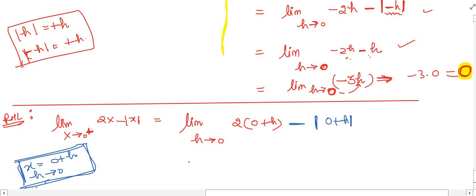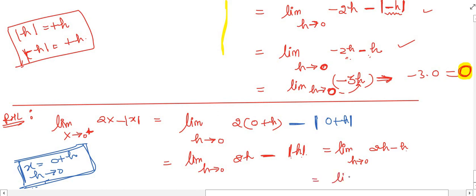So now let me solve it. h is going to 0. 2 times 0 plus h is 2h only, correct? Minus of mod of 0 plus h is mod of h, and what will come out? h only. So it will be limit h tending to 0 of 2h minus h. What is 2h minus h?